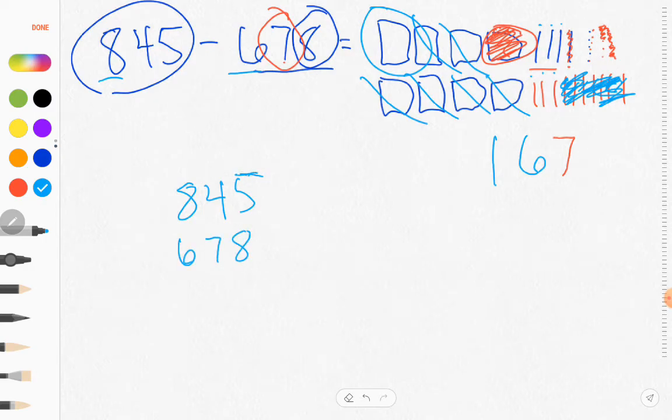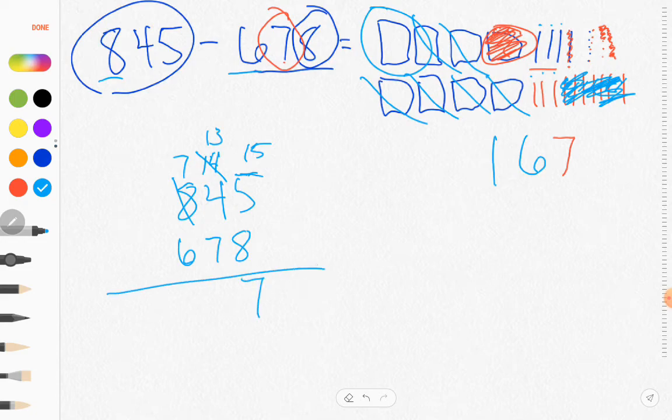As parents are probably well aware, they want to borrow and bring that over here to make this a 14, and then they're going to need to borrow again, making that a 13, turning that into a 15, which would give us the same answer because 15 minus 8 is 7. 13 minus 7 is 6. And 7 minus, oh, look at that. So we have now done that problem in base 10.